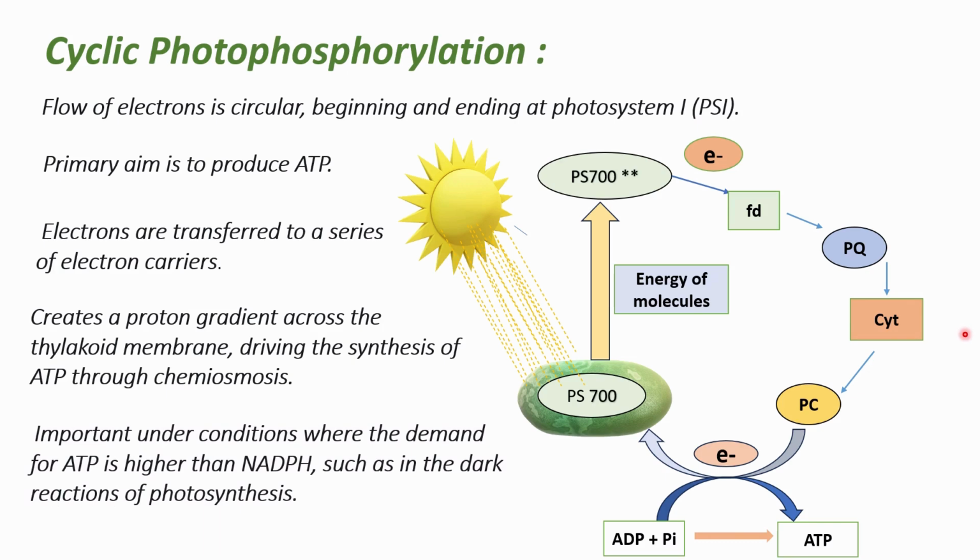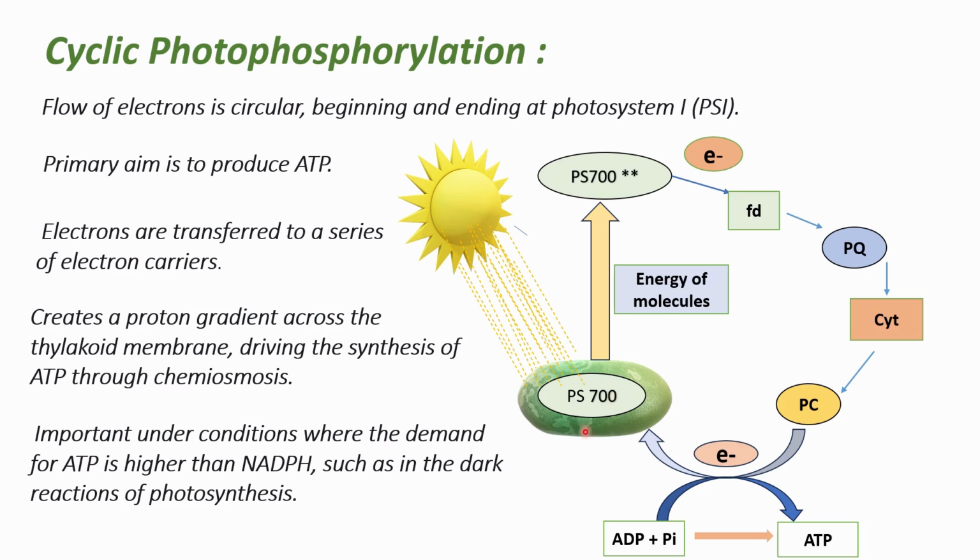So when the flow of electrons happens, the proton gradient is formed, and it leads to the formation of ATP molecules. Normally you have to know when cyclic photophosphorylation occurs. It will not normally occur in the light reaction, but it occurs when the photosystem molecules need more energy for their excitement.